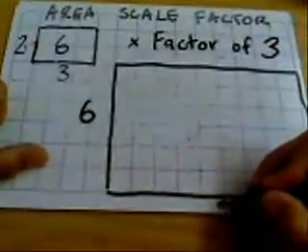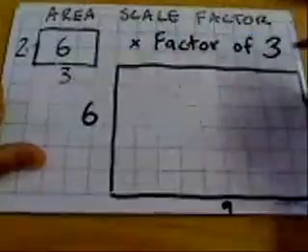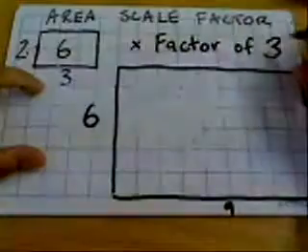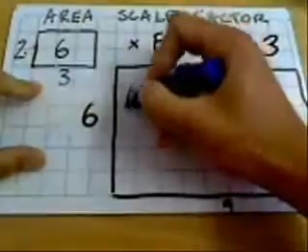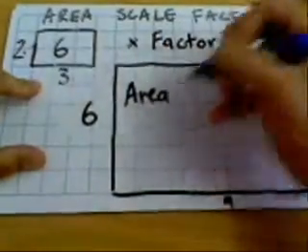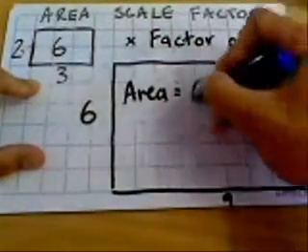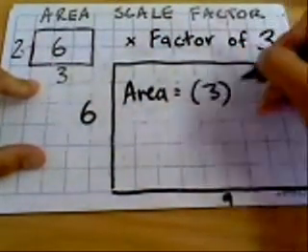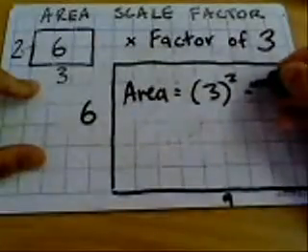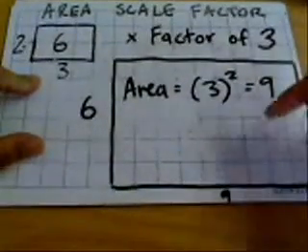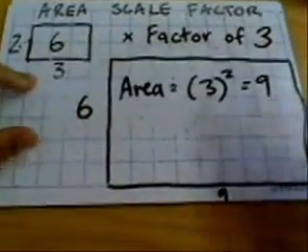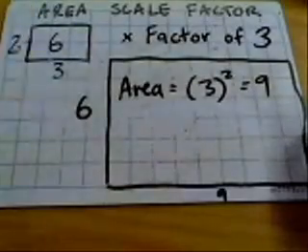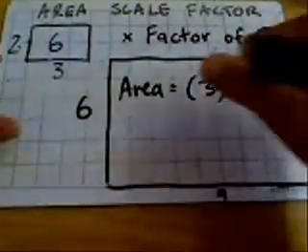It is 6 by 9. So the lengths have increased by a factor of 3, but the area has increased by a factor of 3 squared, which equals 9. So the area is 9 times larger than the original with a factor of 3.